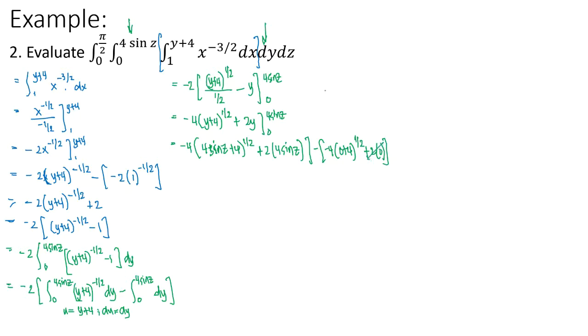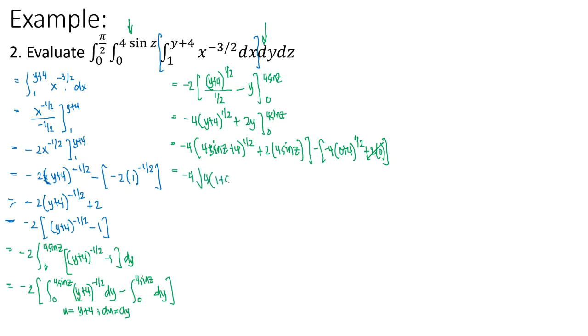So this is equal to 0. And this one is equivalent to 4 raised to 1 half is 2 times negative 4 is negative 8 times negative sign is positive.